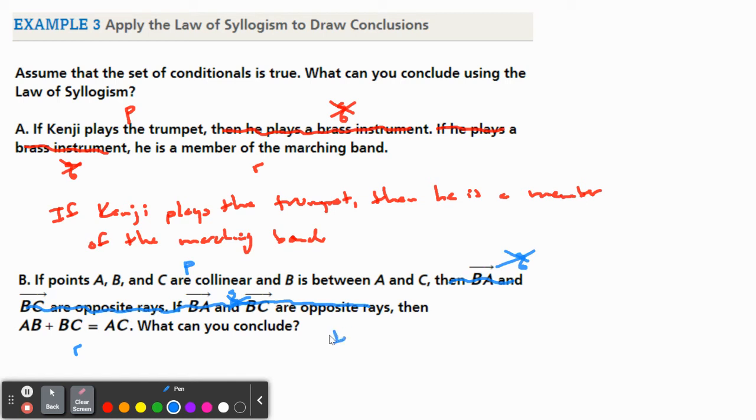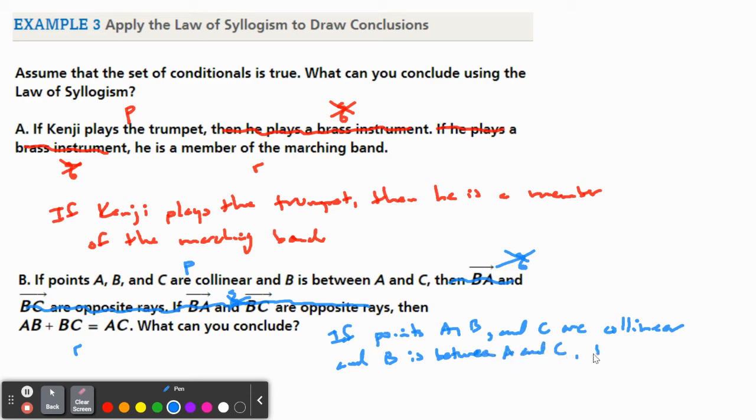So we're going to say if points A, B, and C are collinear, and B is between A and C, then AB plus BC equals AC. And that's our big conclusion using the law of syllogism.